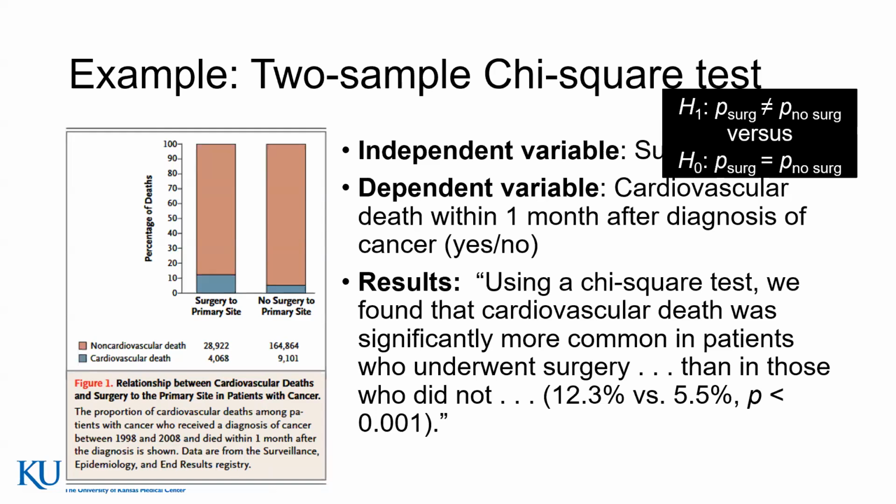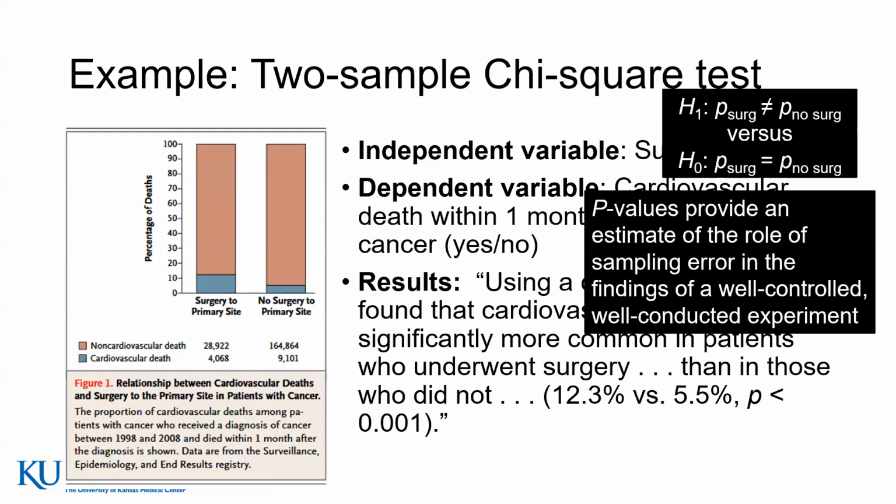So our null hypothesis here is that the risk of death between the two groups, surgery versus no surgery, is the same. And then our alternative hypothesis is that the probability of cardiovascular death between the two groups is different.